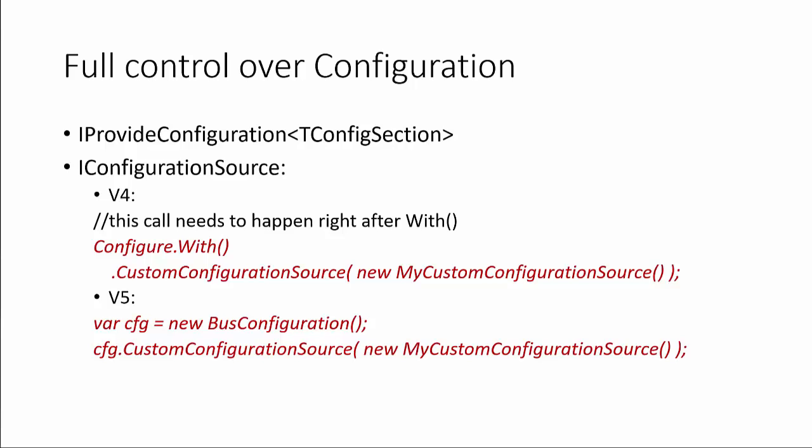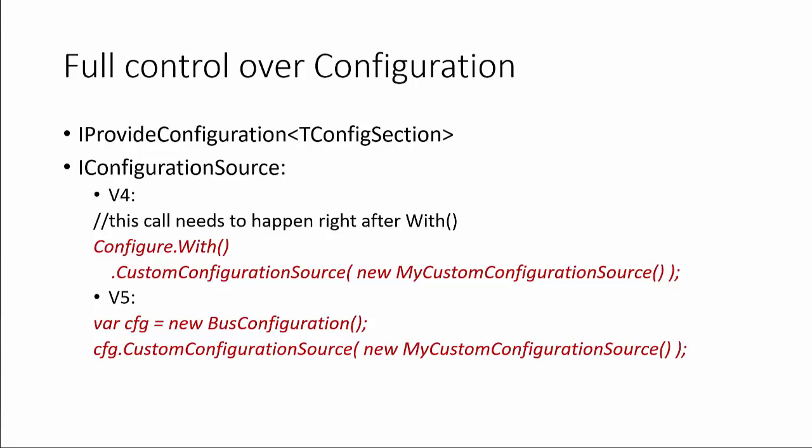In V4, this call must be the first right after With. So we can call Configure.With.CustomConfigurationSource with the instance of our custom configuration source. In V5, whenever we want, we can call CustomConfigurationSource passing in the same instance.